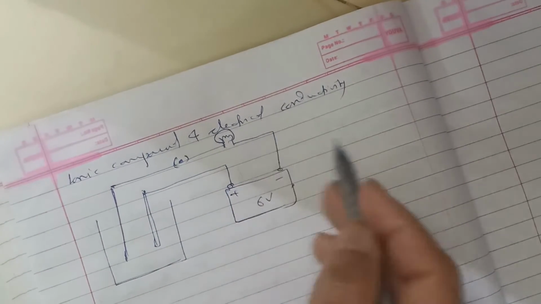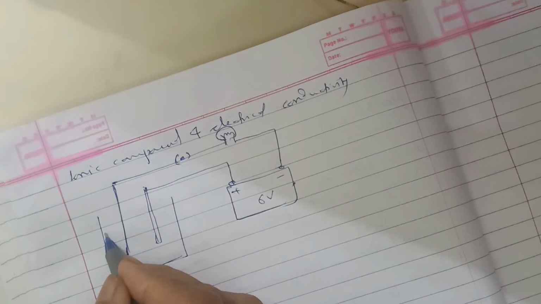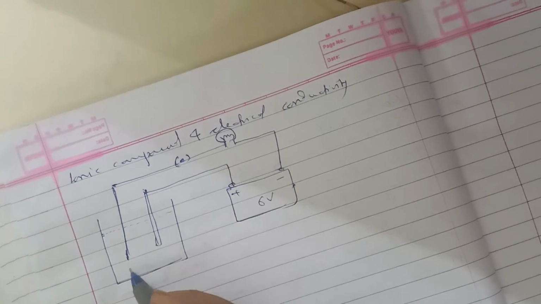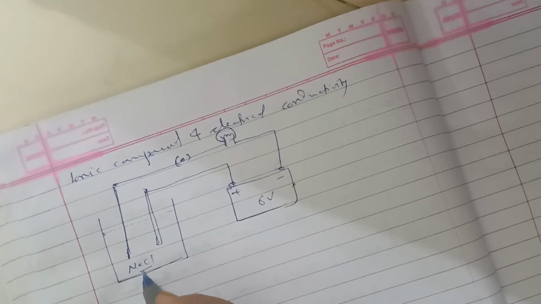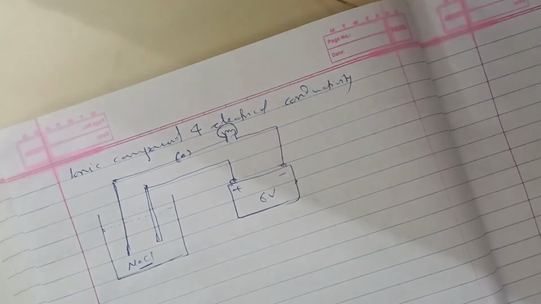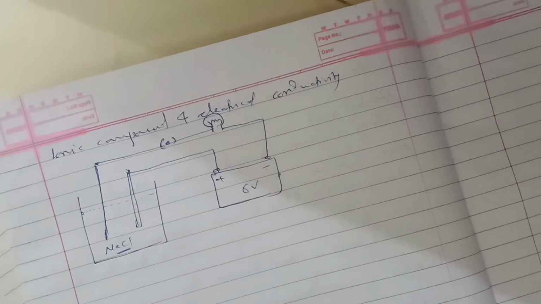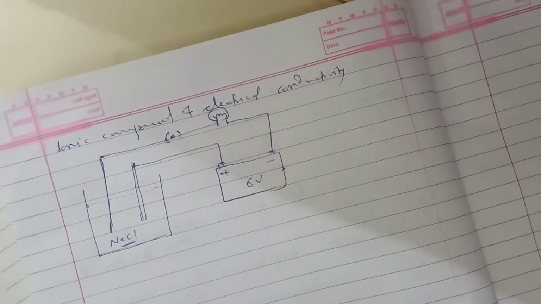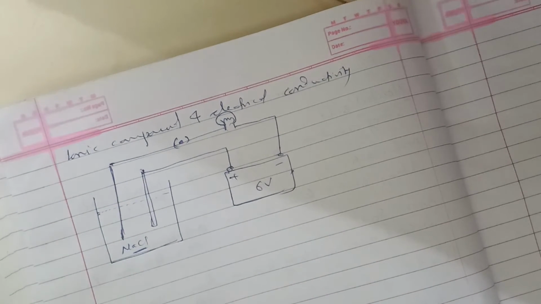Now in this beaker we add NaCl solution, sodium chloride salt solution. Or we can add glucose powder, or NaOH, H2SO4. Then switch on the electric current.